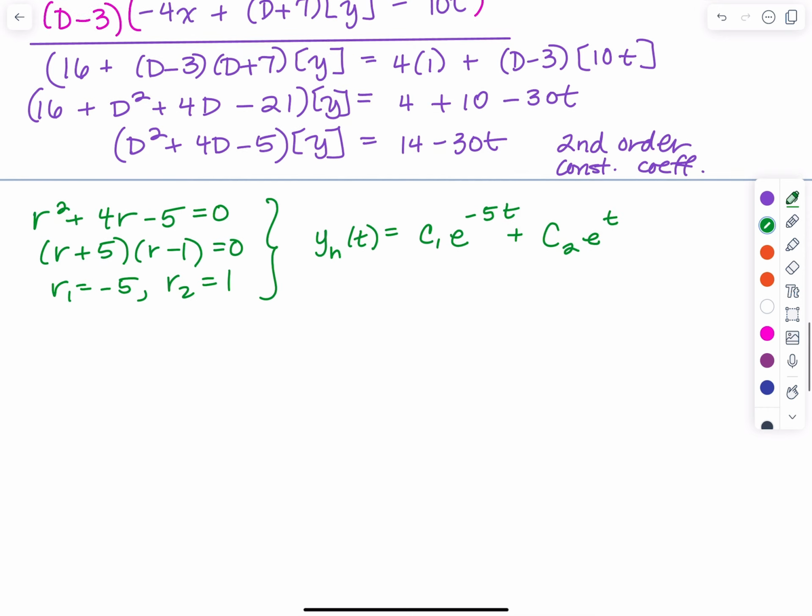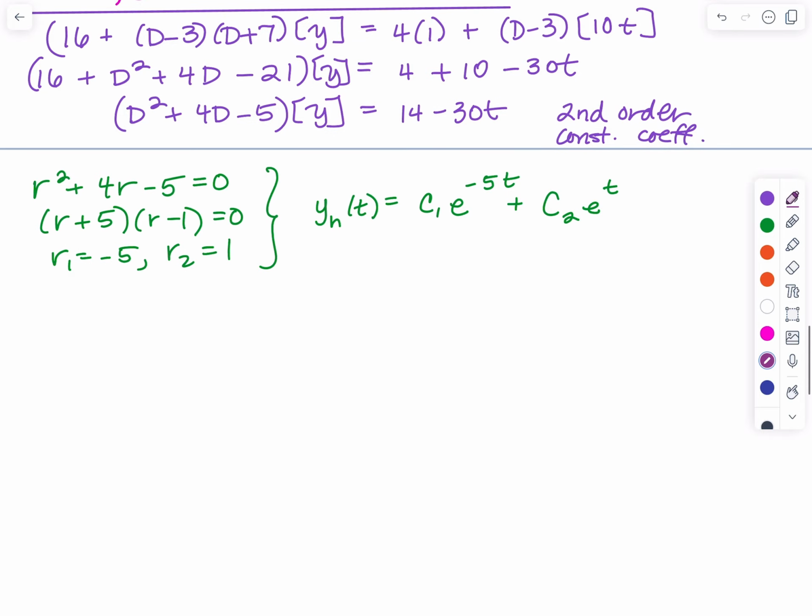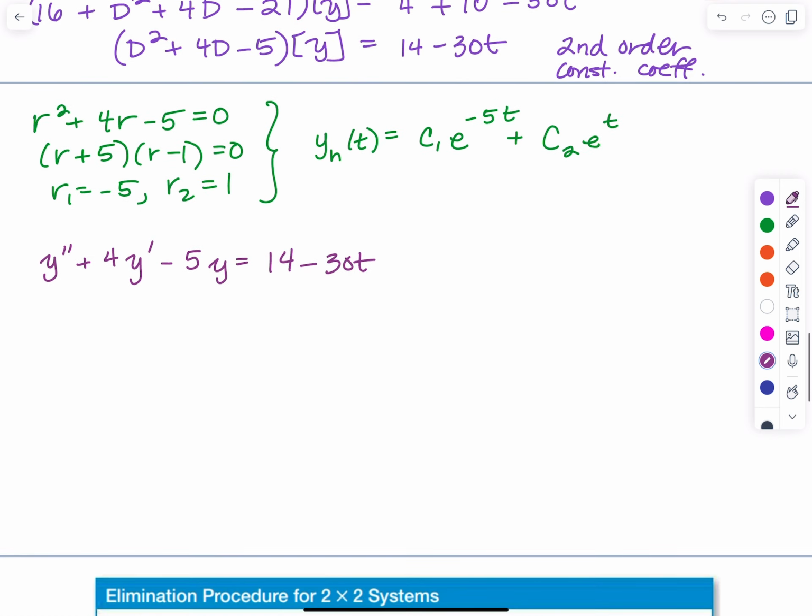Now let's go ahead and look at the non-homogeneous equation and use the method of undetermined coefficients. And so we have y double prime plus 4y prime minus 5y is equal to 14 minus 30t. And we have yp is equal to a1t plus a naught.